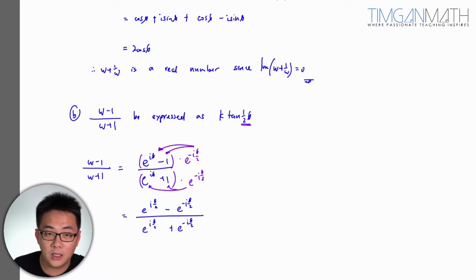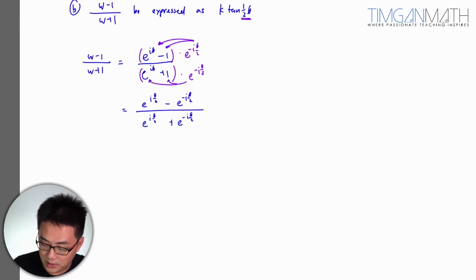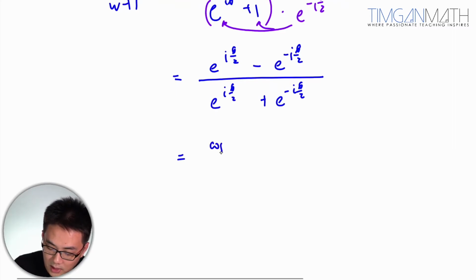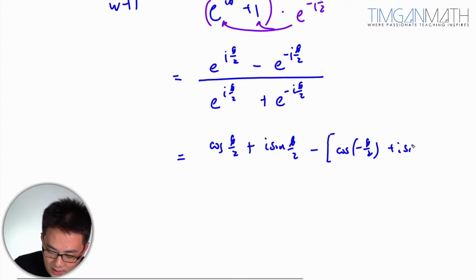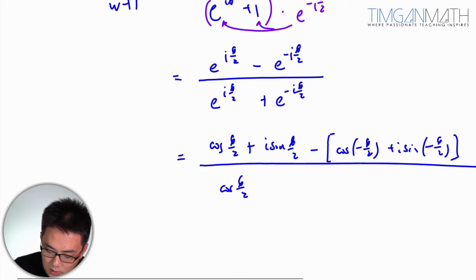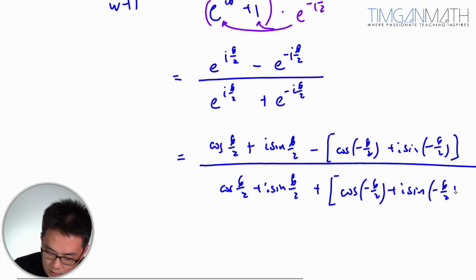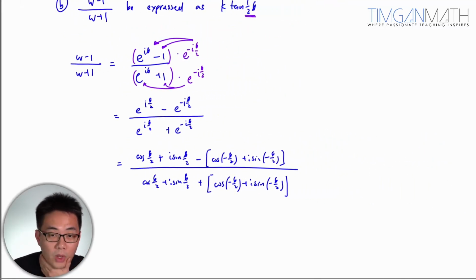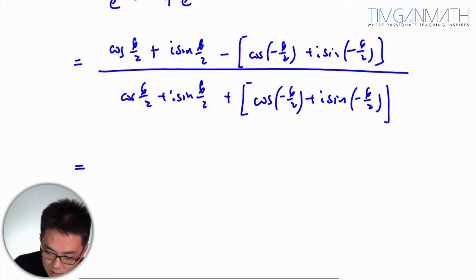We're going to have cos(θ/2) + i sin(θ/2) minus [cos(−θ/2) + i sin(−θ/2)], over cos(θ/2) + i sin(θ/2) plus [cos(−θ/2) + i sin(−θ/2)]. There you go. So once this is done, we're going to simplify.